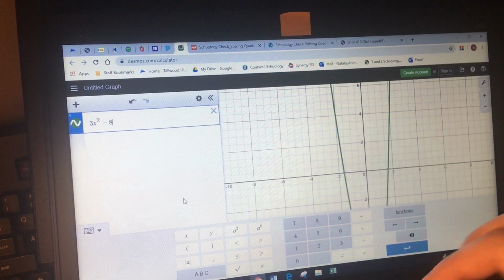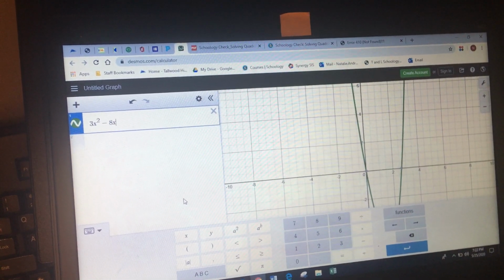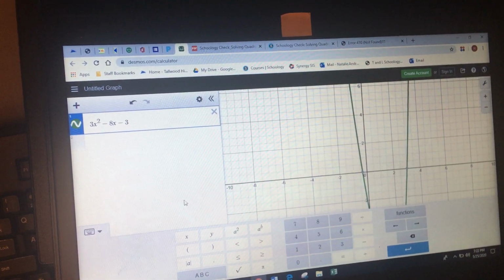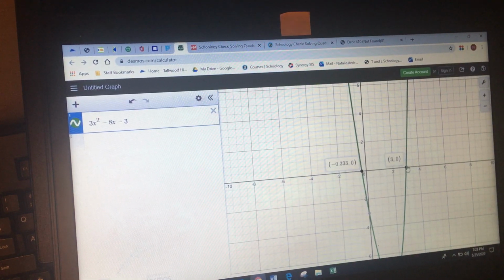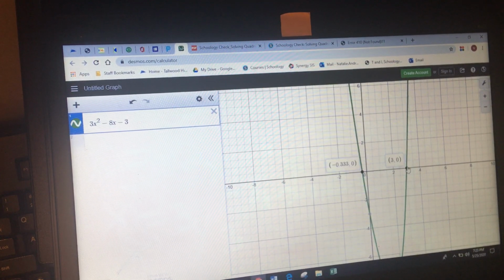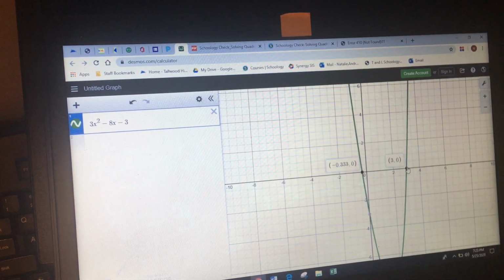If that happens, that's okay. Change it to x. The computer lets you know it doesn't like it. Minus 3. All right, do not put equals 0. And look at that. We got our answers. Now, there's a decimal, no big deal. We're just going to take our answers and divide them out and see which one gives us negative 0.33. So no big deal. One of our answers is 3, and one of our answers is negative 1/3.